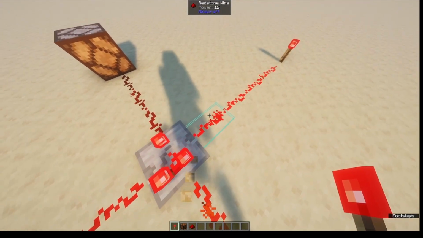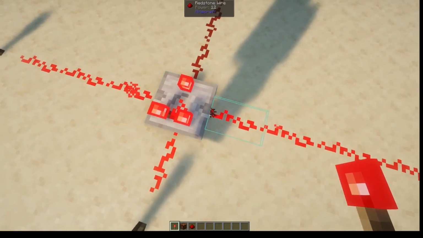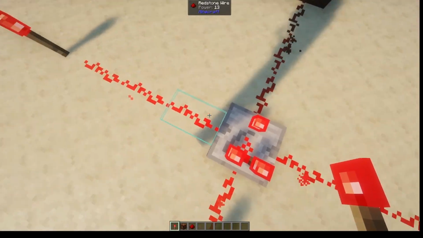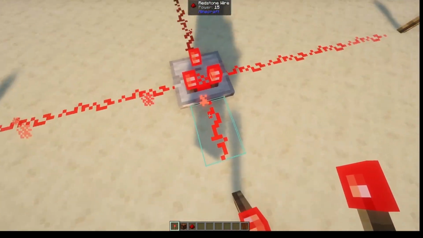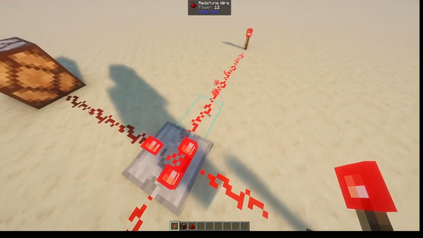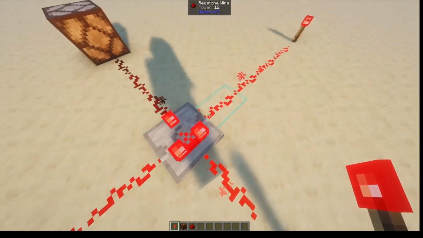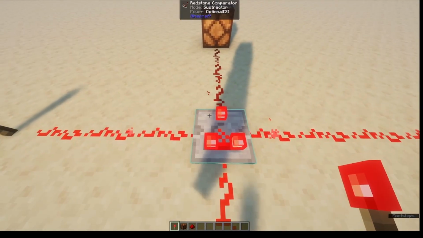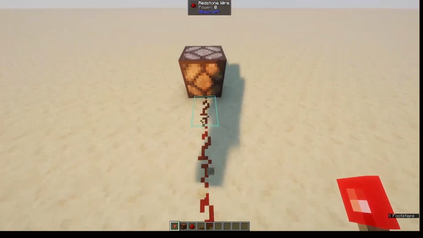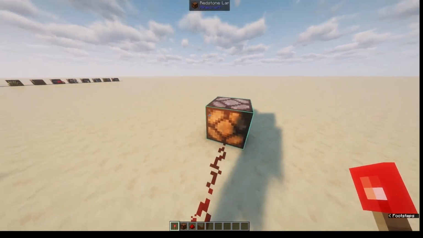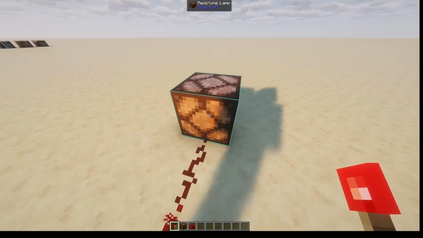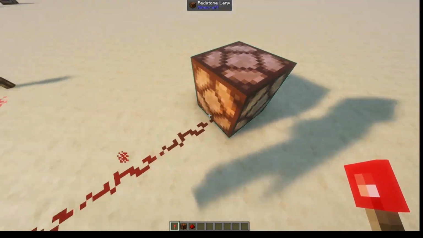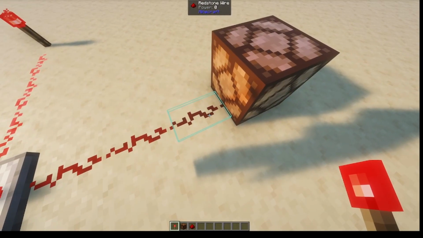So if, for example, we have an input of 12 going into the right-hand side and an input of 13 going into the left-hand side, we take 15 minus the larger input, which is 13. 15 minus 13 is 2, so we output a signal of 2. Since we need a signal of 3 to power this redstone lamp, the lamp won't be powered on since the redstone signal doesn't actually reach it.